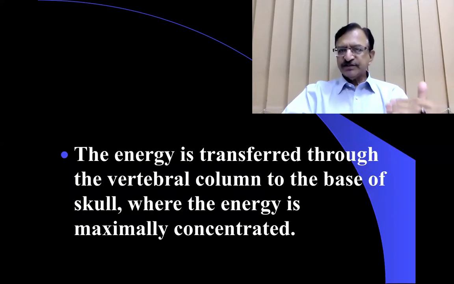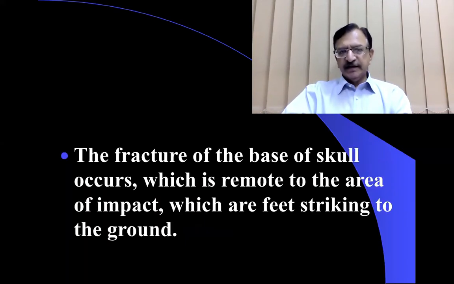The energy is transferred through the vertebral column to the base of the skull, where the energy is maximally concentrated, and a fracture of the base of the skull will occur, which is a remote area from the impact area.